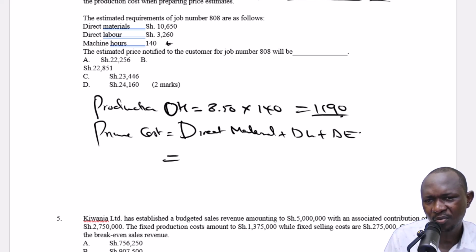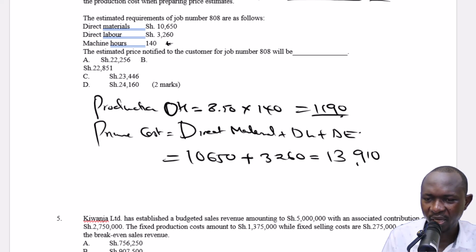So direct material is 10,650 plus direct labor is 3260. If you add this, you get 13,910, I believe. Yeah, 13,910. So this will be our prime cost.